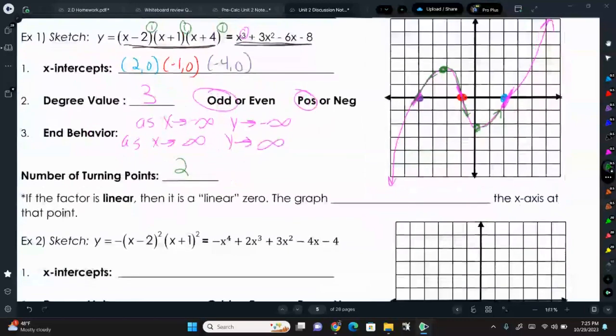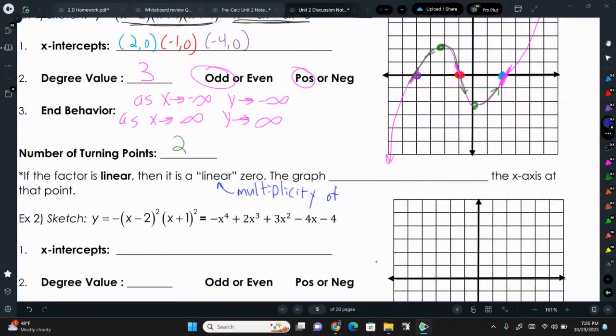If a factor is linear, a linear zero, which means multiplicity of 1, the graph crosses the x-axis at that point. Crossing means we go through it, like you're crossing the street.